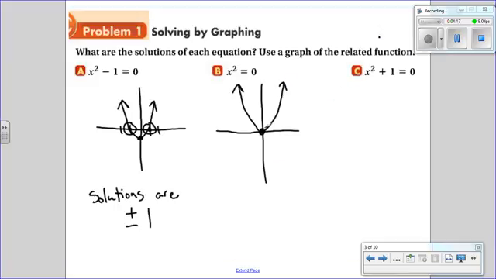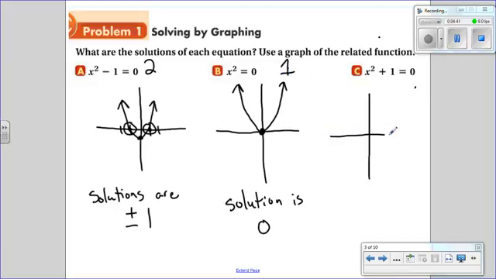And so the solution where it crosses the x-axis is right there at (0, 0). So the only solution is 0. So here there's 2 solutions, and here there's only 1 solution. And if you guess what's coming up right here, if we graph this, it would start up here in the parent function, it would go up.